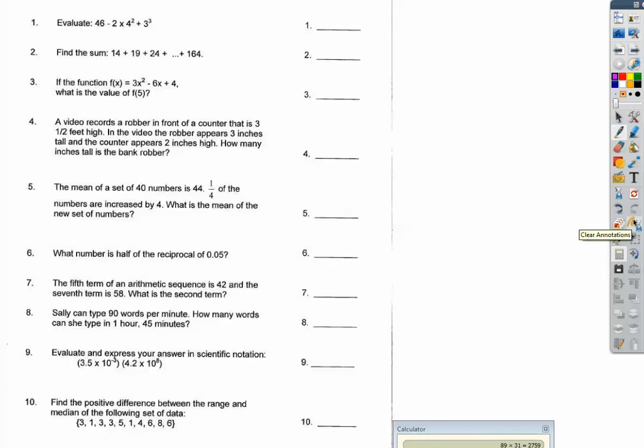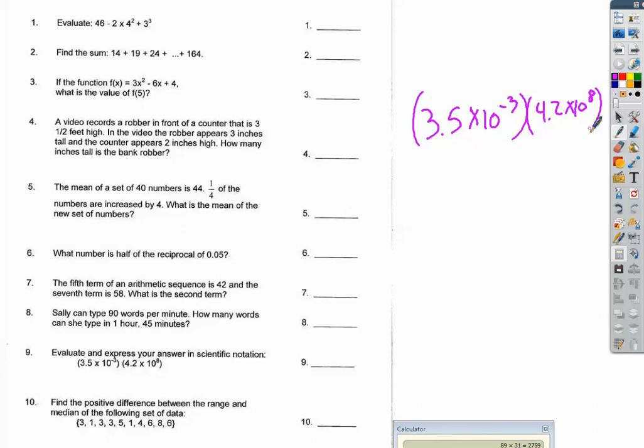Number 9. Evaluate the expression. Oh, I love these because they're so simple and they come up so often. So this is scientific notation, and you'll remember in scientific notation, you will have a number with a decimal place and only one number to the left of the decimal place. Now in multiplication, I can rearrange the order of things.